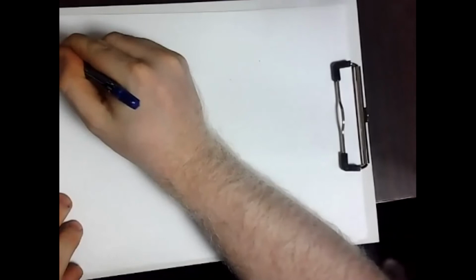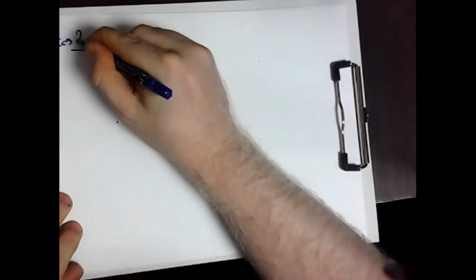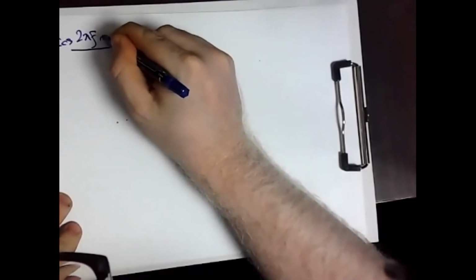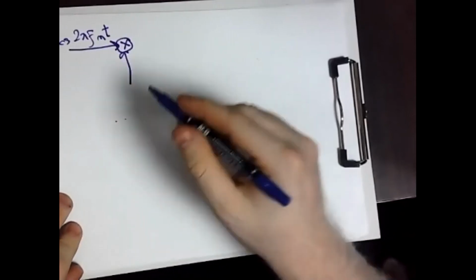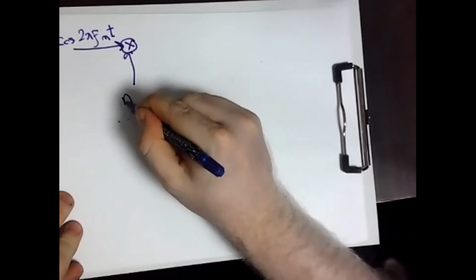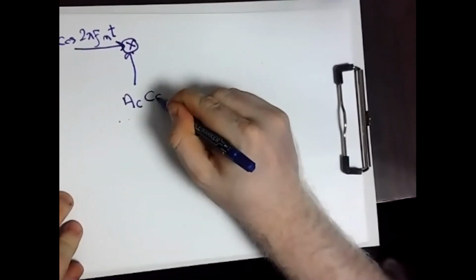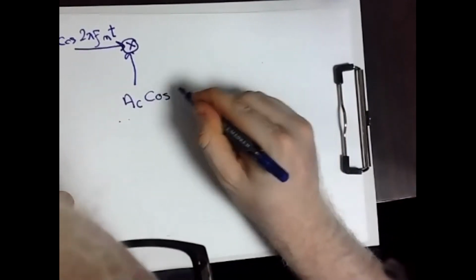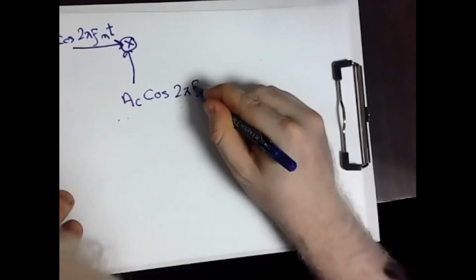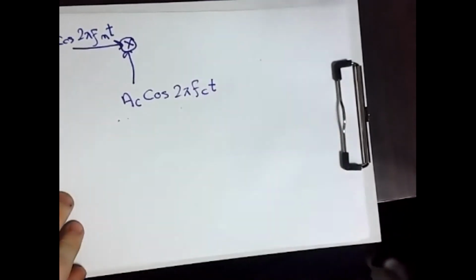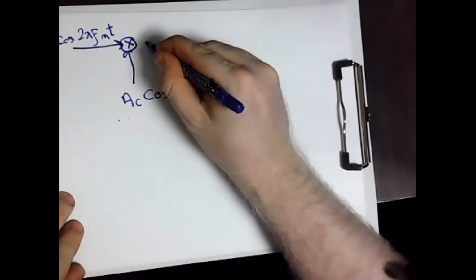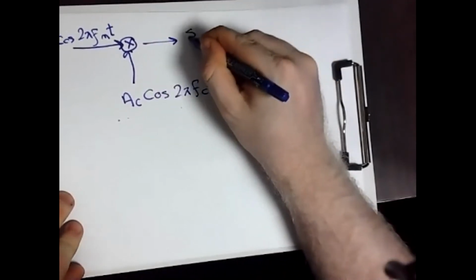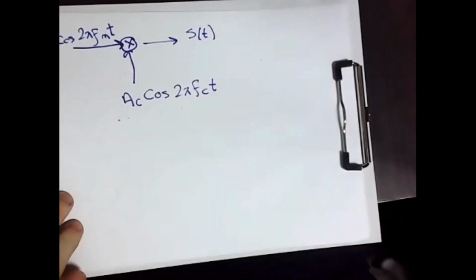And here we have a signal AM cosine 2 pi FM t. And here we have the signal AC cosine, of course they can be sine or cosine, 2 pi FC t. And we are now seeking an output, what we call S of t or the modulated signal.